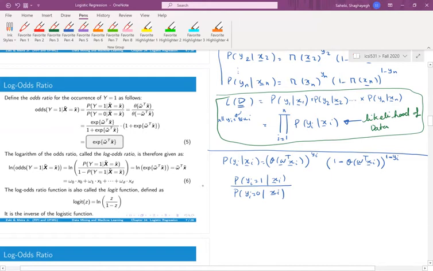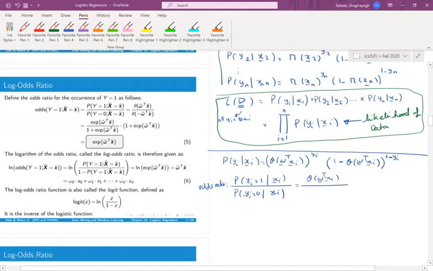This is called the odds ratio. So what is it equal to? If yi is equal to 1, we have theta of w transpose xi as the value of p.